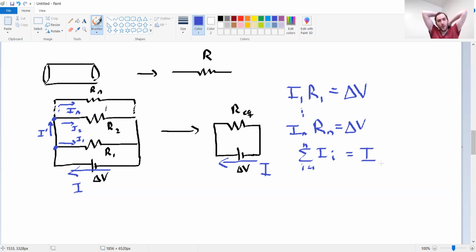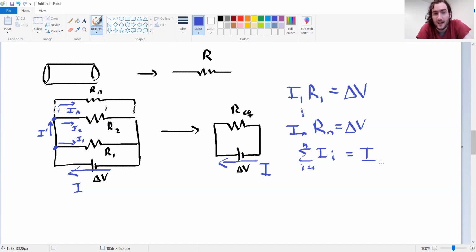And there's a nice simple way of thinking about this. The voltage source here supplies a certain amount of current to the circuit. And then that current is divvied up between each of the resistors based on how resistive they are. So higher resistance means less current, lower resistance means more current.